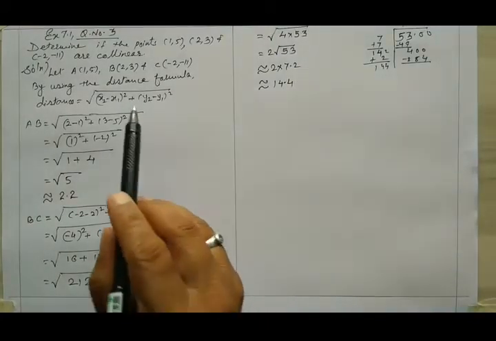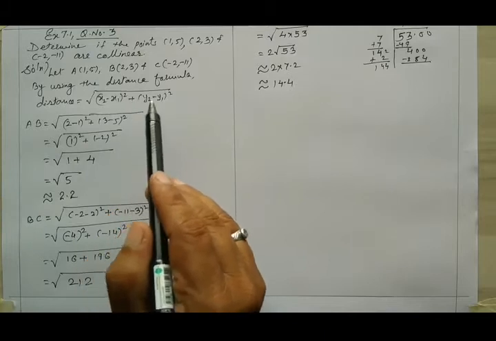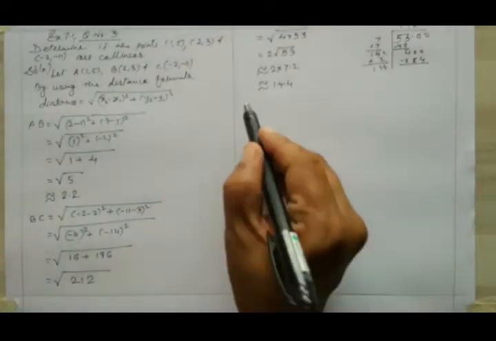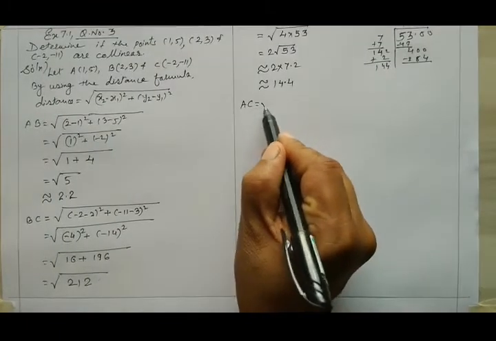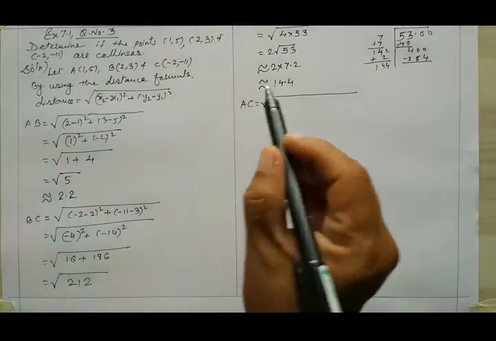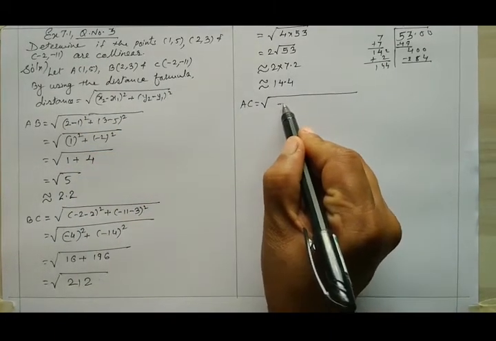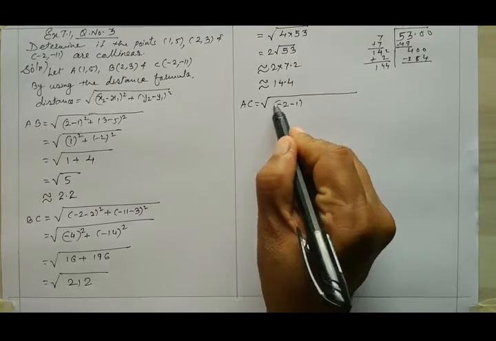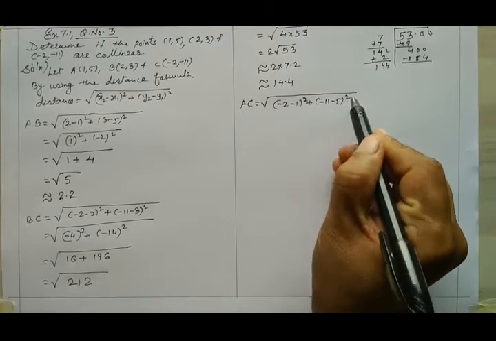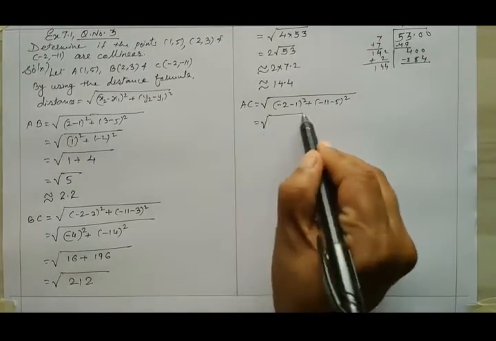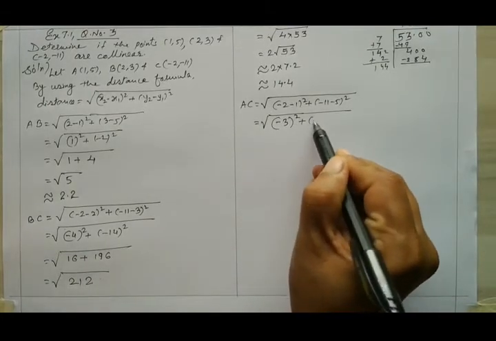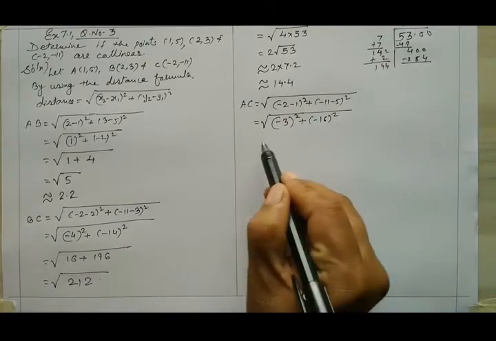Now you can assume that B is between A and C, so we calculated AB and BC. Now you calculate AC. Distance AC, under root x1 y1 and x2 y2. So you consider minus 2 minus 1 whole square plus minus 11 minus 5 whole square, so this will be minus 3 whole square plus minus 16 whole square.